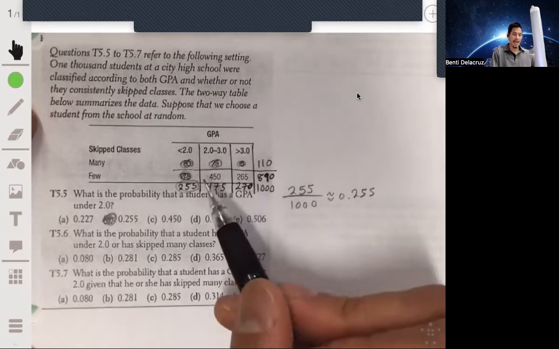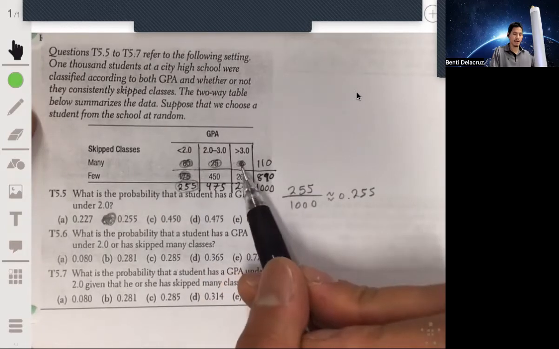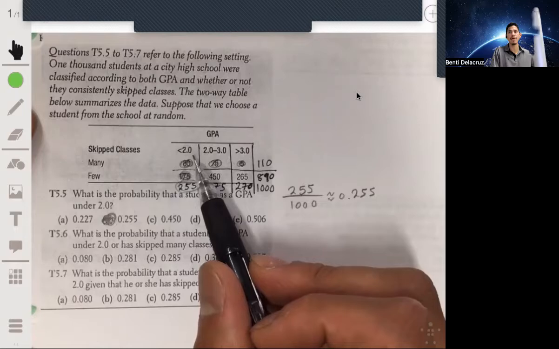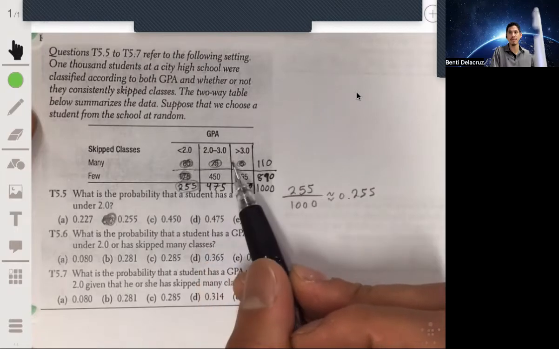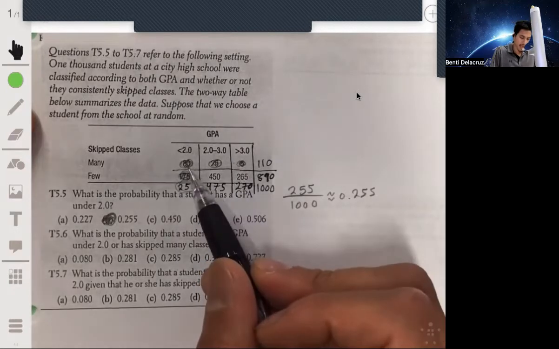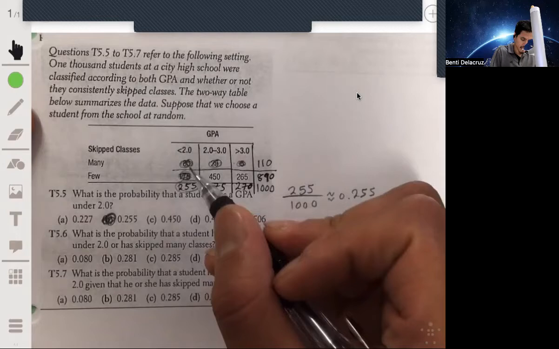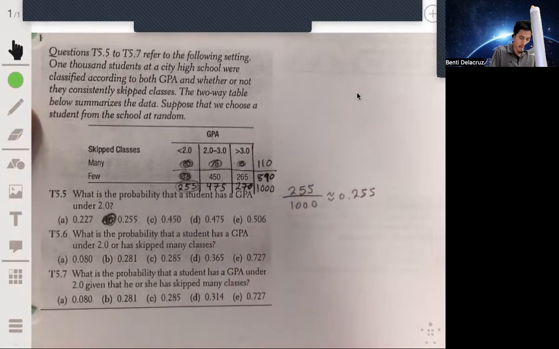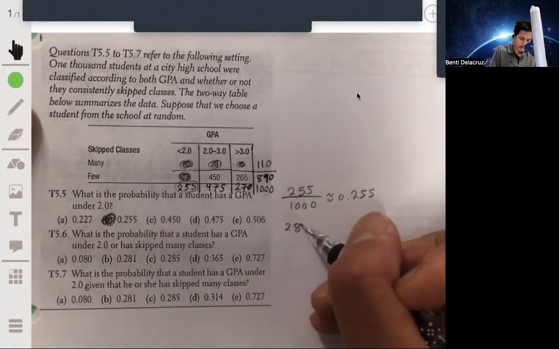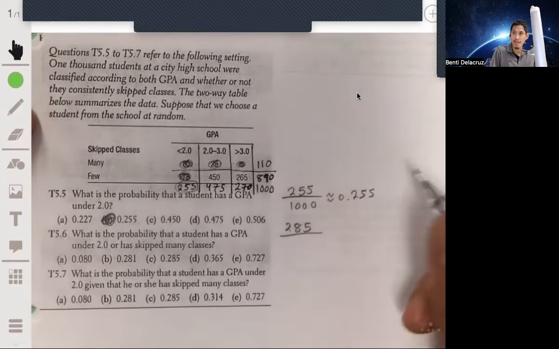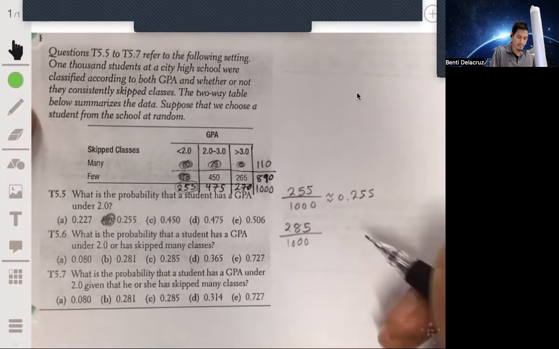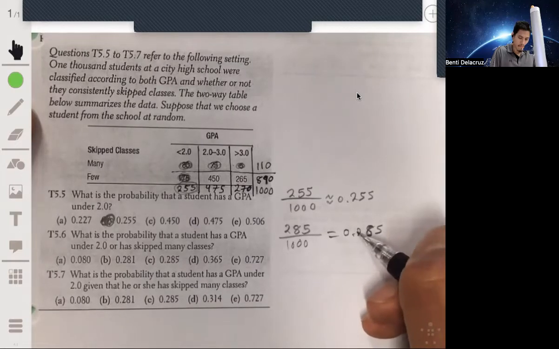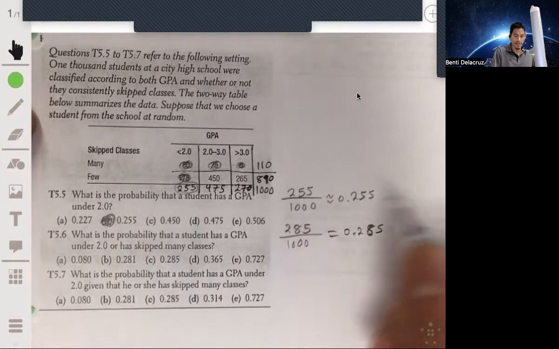So we add all these values up, and that'll give us the total number of students that either had a GPA lower than 2.0 or they skipped many classes. We add 255 plus 25 plus 5, and you get 285. Then you divide that by 1,000, and that'll be 0.285. And so then our answer is C.